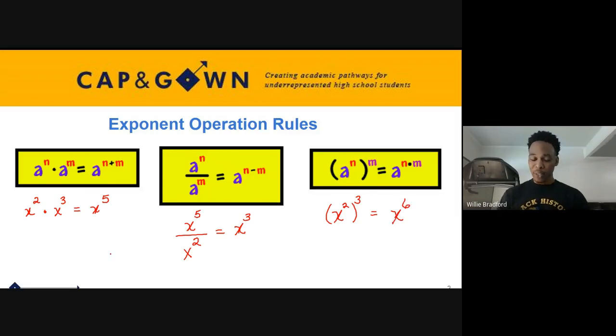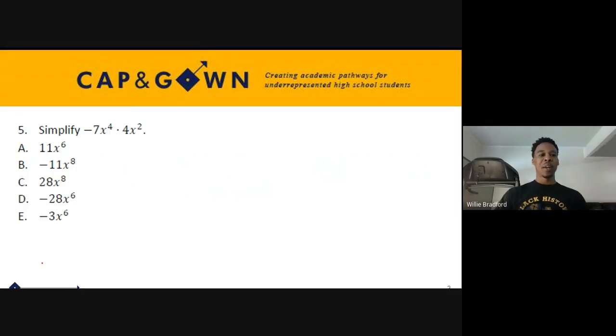We need those 3 rules in order to do the ACT problems we're about to do. This question tells us to simplify -7x to the 4th times 4x squared.